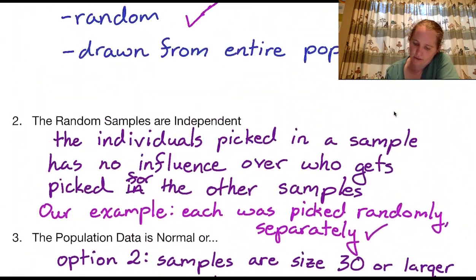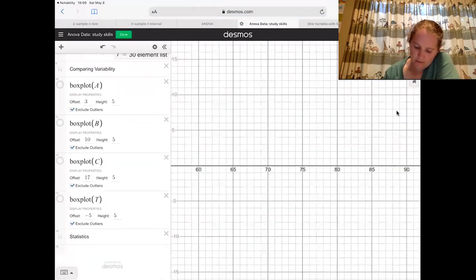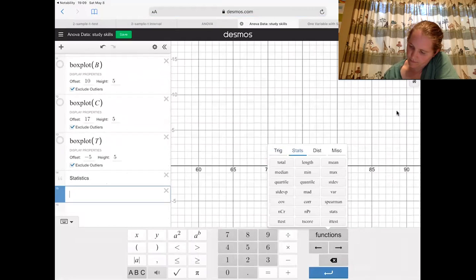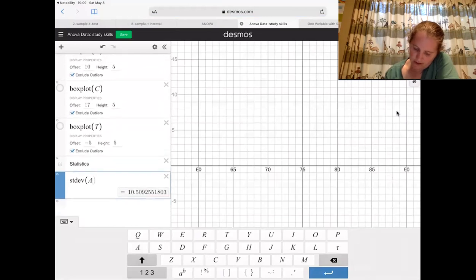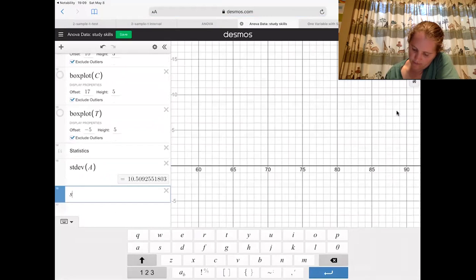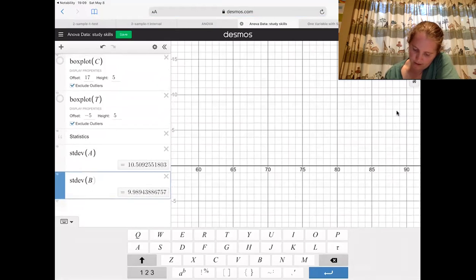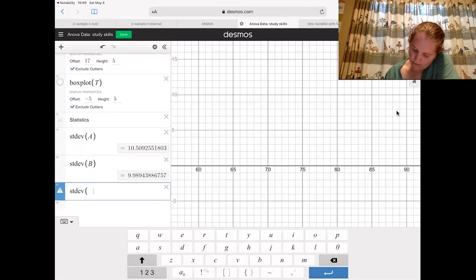So if I follow the link to our data in Desmos, we can go ahead and find a standard deviation for the first years, the standard deviation for the second years, and the standard deviation for our third years, right?